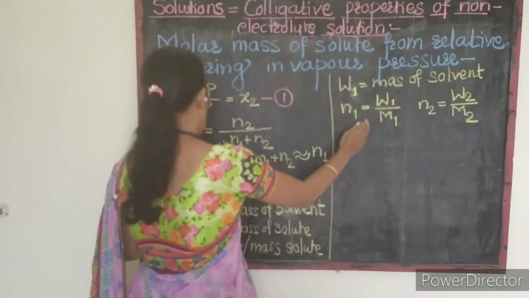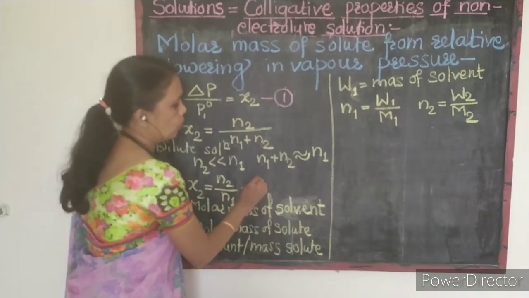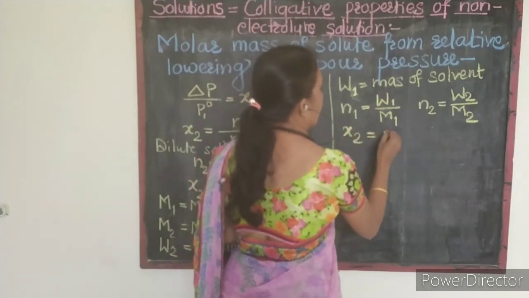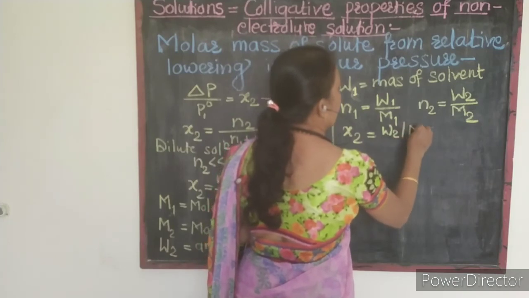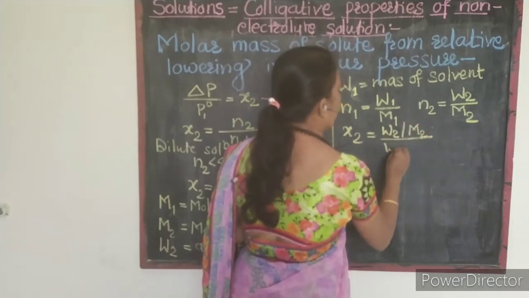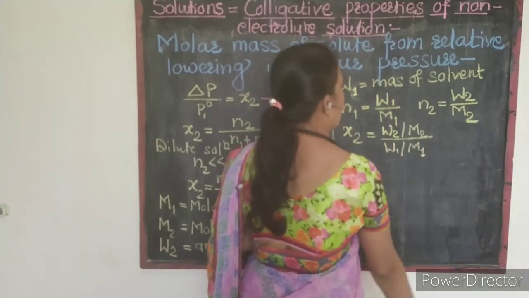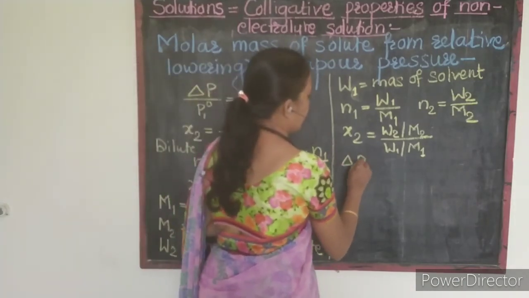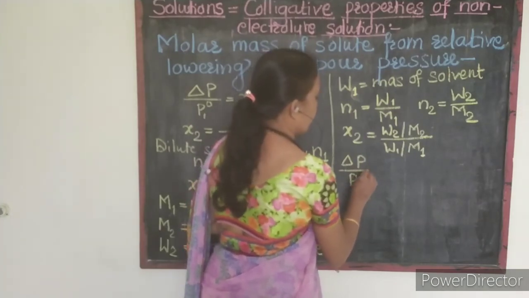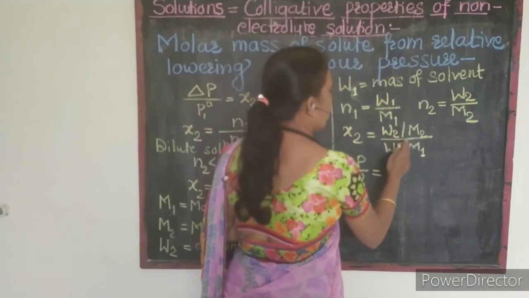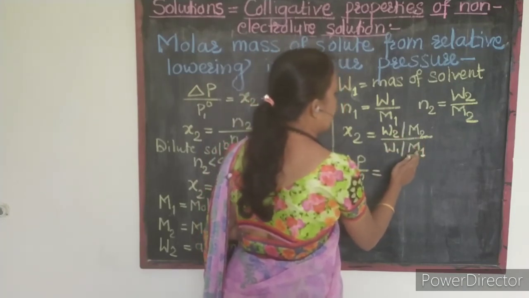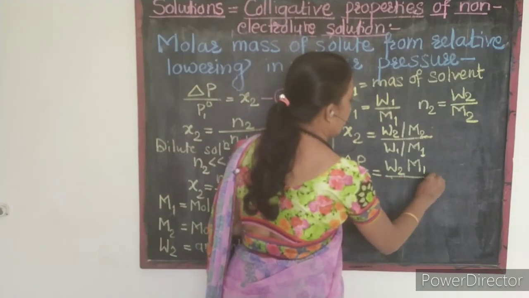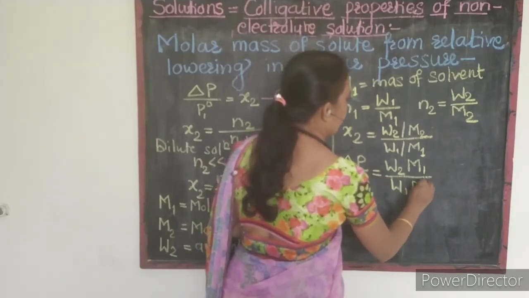Okay, now we put these values in equation number 2. What do we get? x2 equal to W2 M1 divided by W1 M2. Now we are going to put this value in equation 1. Delta P divided by P10 is equal to, here it will simplify a little, division by anything gets multiplied, W2 M1 divided by W1 M2.